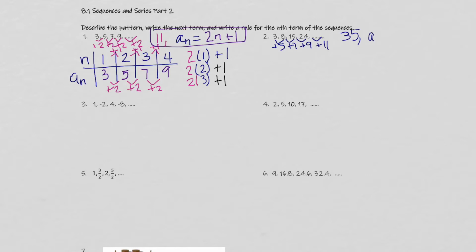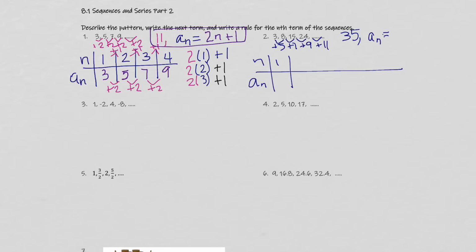But then I need to find my a sub n. And at this point in time, I'm going to tell you there's more than one way to maybe write some of these. So whatever you're seeing is what you're going to put down here. So I like to look at my numbers in a T-chart. I don't know if a lot of people do, but for me, I'm a visual person. That helps out.